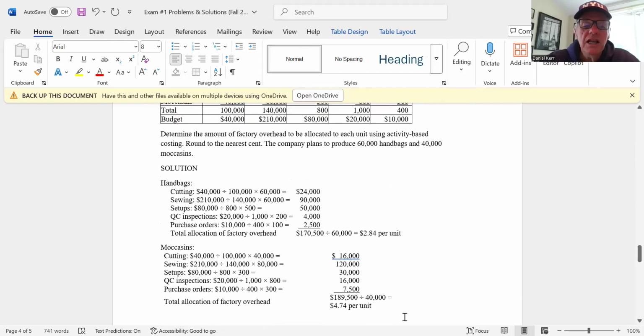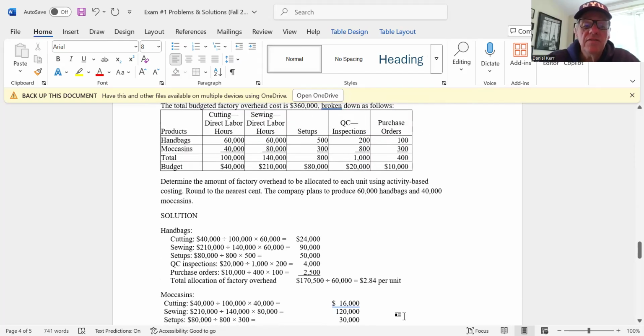And moccasins, again, you're using the same ratios, but you've got different usage there. So here it is, 40,000 direct labor hours for moccasins. And for direct labor hours for sewing, you ended up with 80,000 as opposed to 60,000, which gives you 120.